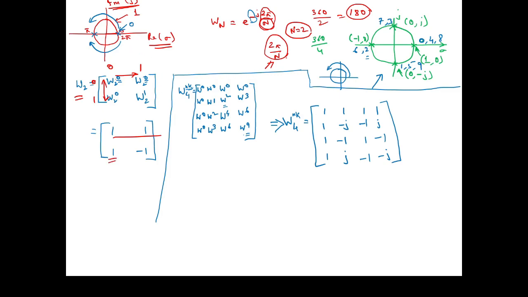Now for the second one, it is a 2-point DFT, and this circle has 360 degrees. So 360 by 2 is 180 degrees. Where is 180? It is here. So the value would be -1 at this point because we are on the real axis.